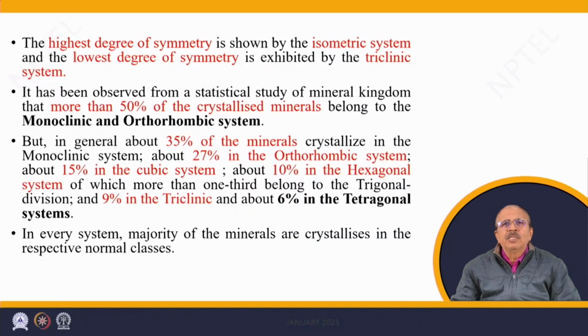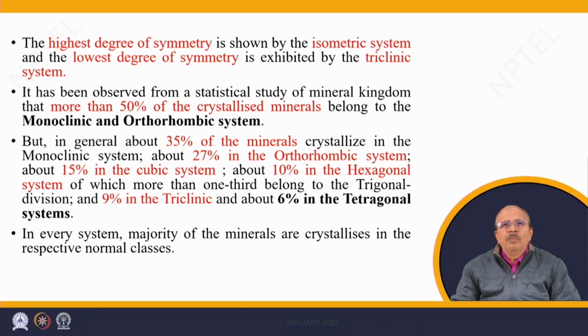The highest degree of symmetry is shown by the isometric system, and the lowest degree of symmetry is exhibited by the triclinic system. It has been observed from a statistical study of the mineral kingdom that more than 50% of the crystallized minerals belong to the monoclinic and orthorhombic systems.